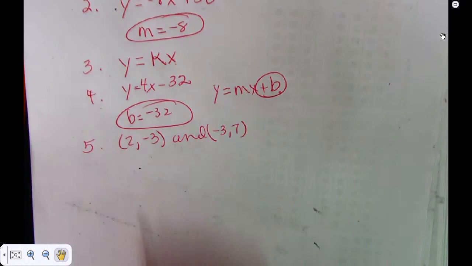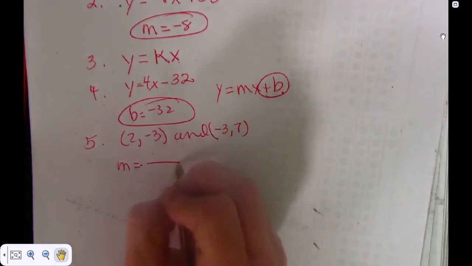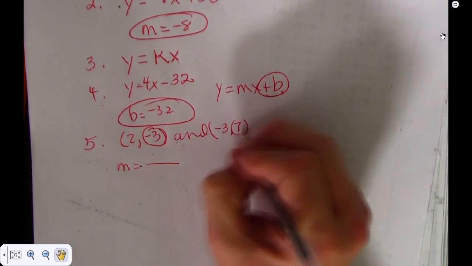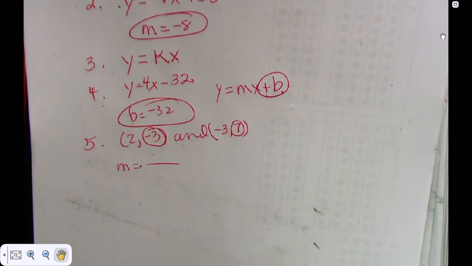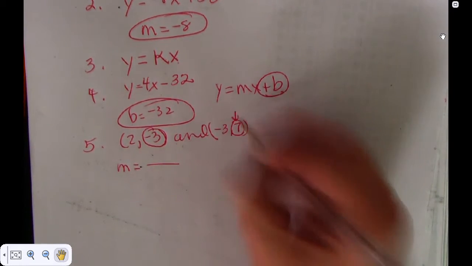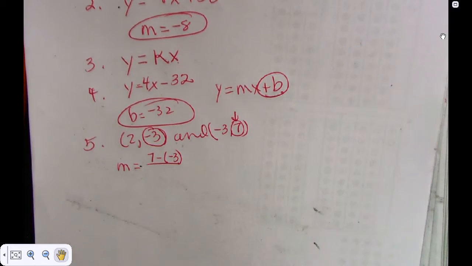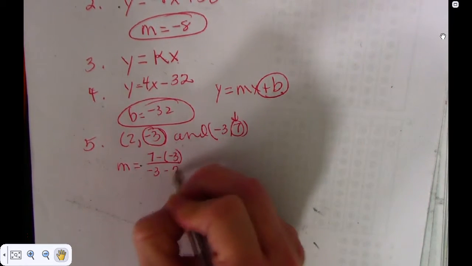Look. m equals, remember it's on your formula chart, y2 minus y1. Remember we circle the y's. Write this down. If I'm writing it down, you write it down in the new square on the new board. Circle your y's. I'm going to start with 7. So 7 minus -3, and then -3 minus 2.